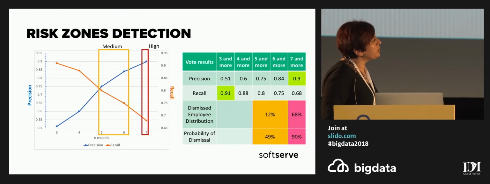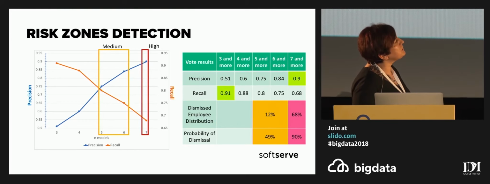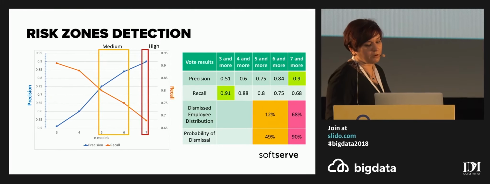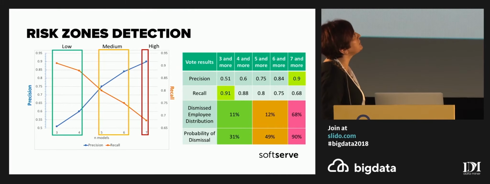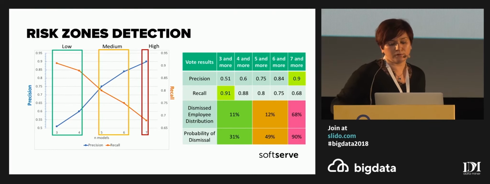This group is characterized by 49% probability that the employee leaves the company, and it contains 12% of employees who definitely leave the company. And finally, it's the low risk group. This group is characterized by 31% probability that the employee leaves the company, and it contains 11% of all employees who definitely will leave the company in the nearest future.